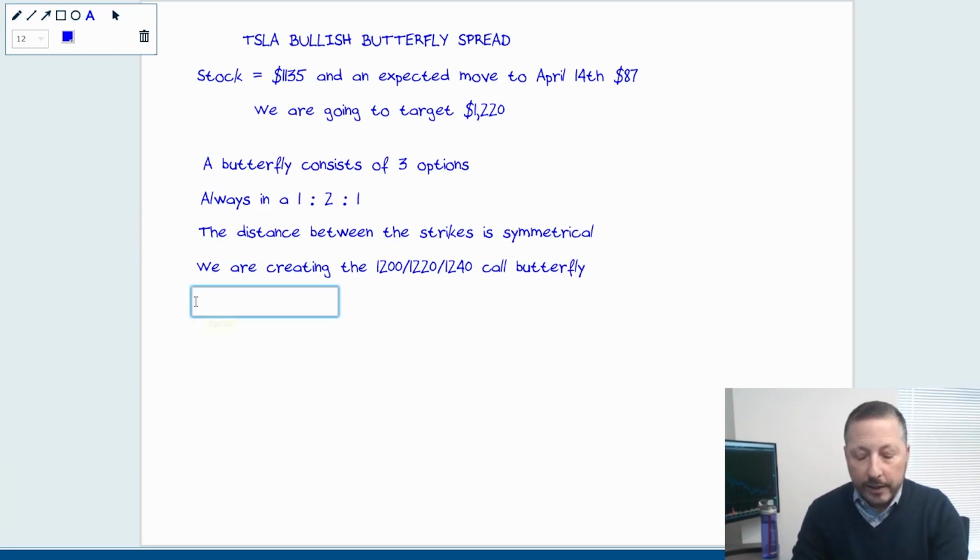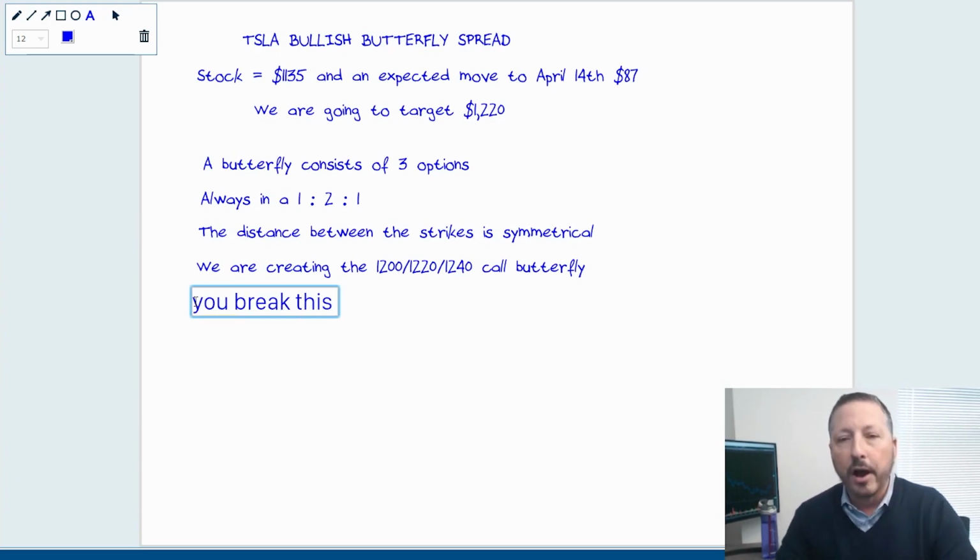So what we are really doing with the 1 to 2 to 1 ratio, when you break this down, and so many people get afraid of the name of a particular option spread, a butterfly, an iron condor, a strangle, a straddle, and think, oh my God, that is too complicated, I can't trade that, I'm too much of a beginner for that.